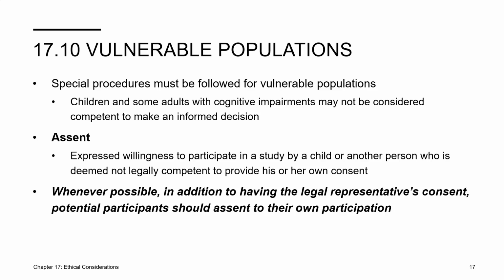An assent is an expressed willingness to participate in a study by a child or another person who is deemed not legally competent to provide his or her own consent. You do not want a parent to say that a student or a child can be in a study without this child wanting to actually be in the study. And so that's where assent comes in. The child should provide their own assent to say, yes, I want to participate.